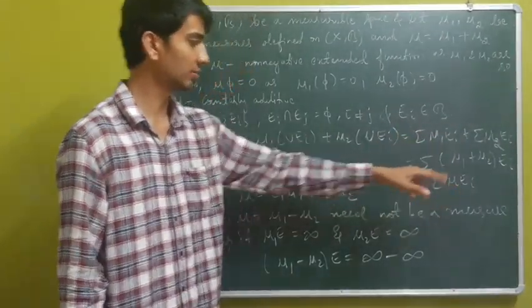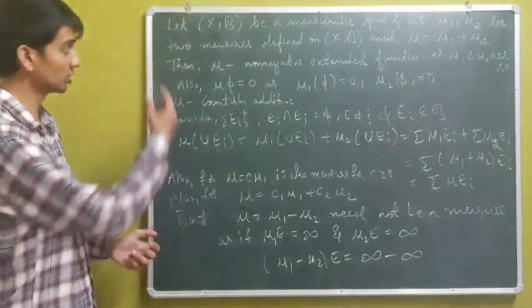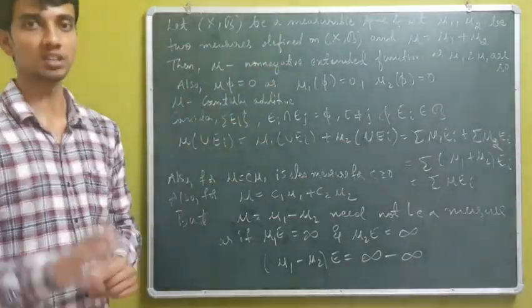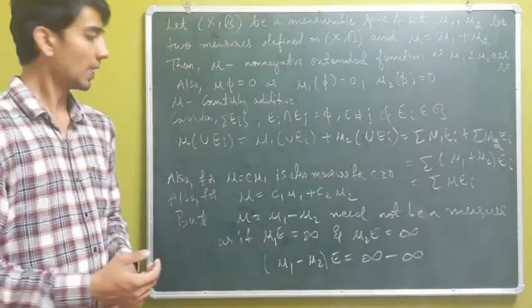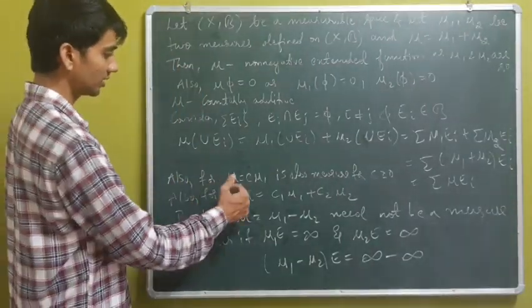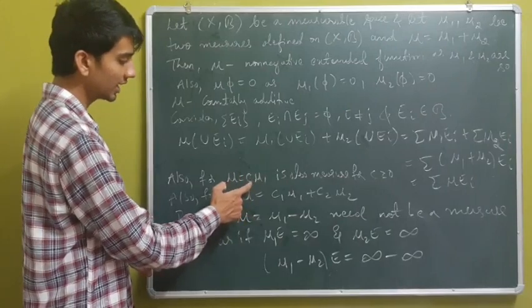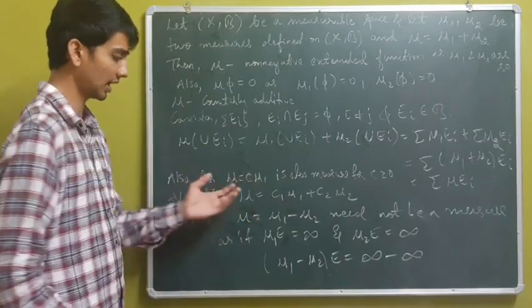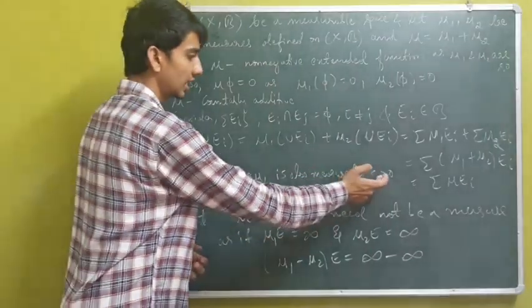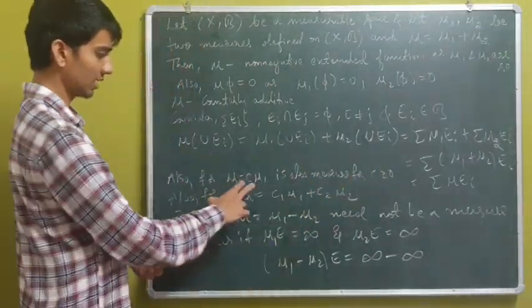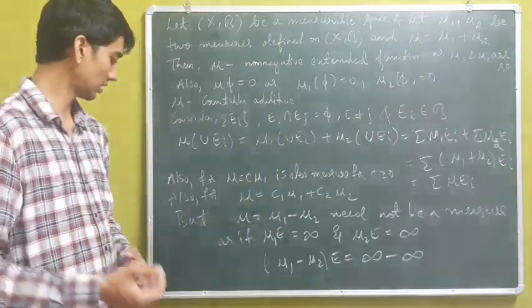So finally it is equal to summation of mu of Ei, which proves that sum of two measures is a measure. And also if we multiply a non-negative real number to the measure, we have that to be also a measure. So if c is any non-negative real number, I have that also to be a measure.